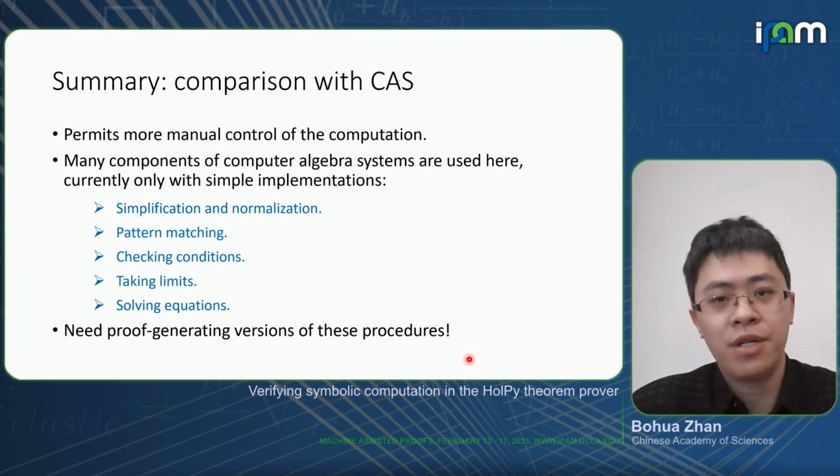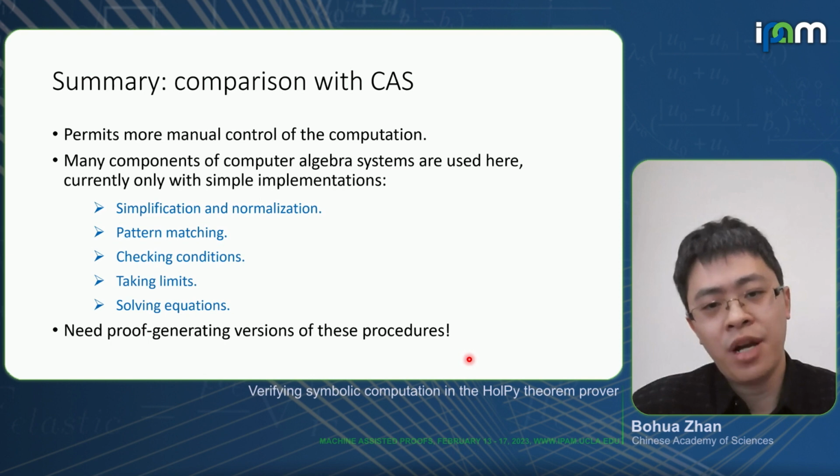And actually, I think there is a similarity between computer algebra systems and our tool here, in the sense that many components of computer algebra systems, such as simplification, pattern matching, taking conditions, taking limits, and so on, are needed here. And currently, we use simple implementations of these procedures.